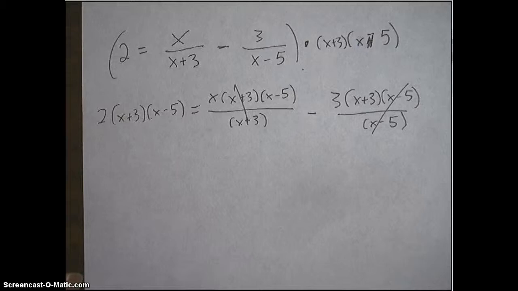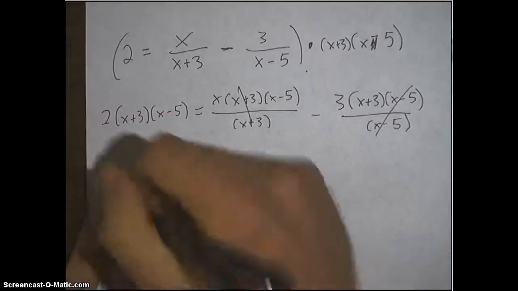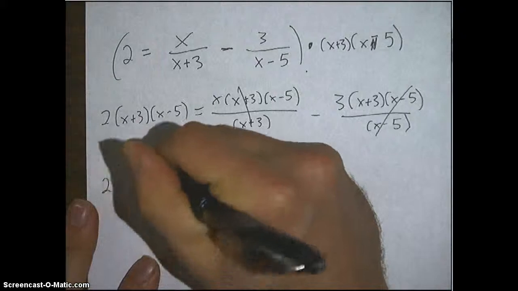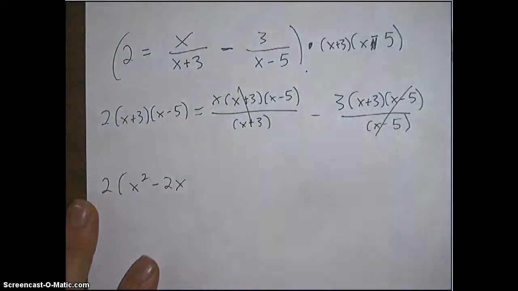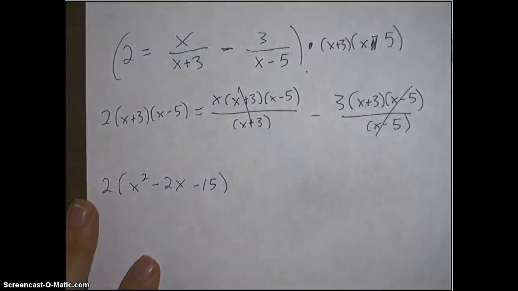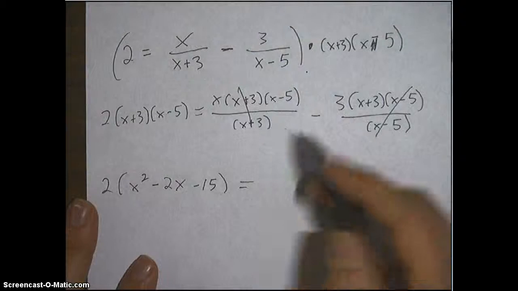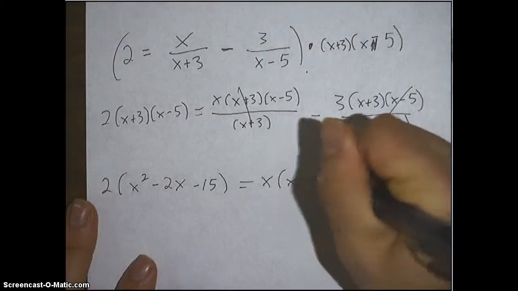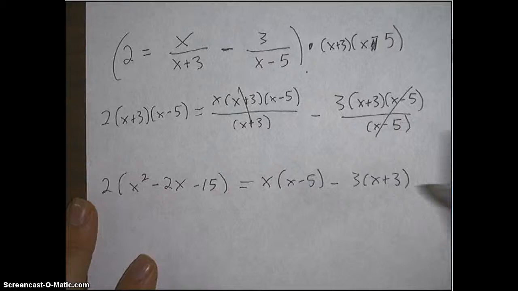I'm going to go ahead and FOIL this out. That's going to give me 2 times x squared minus 2x minus 15. And here I've got x times x minus 5 minus 3 times x plus 3.